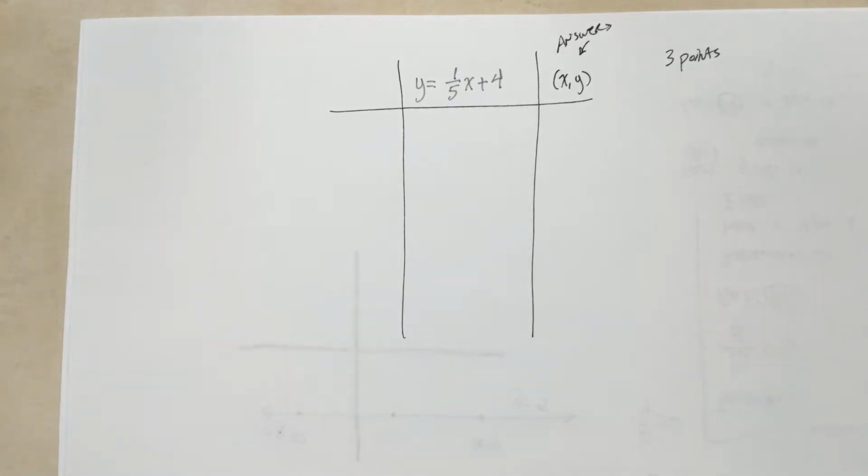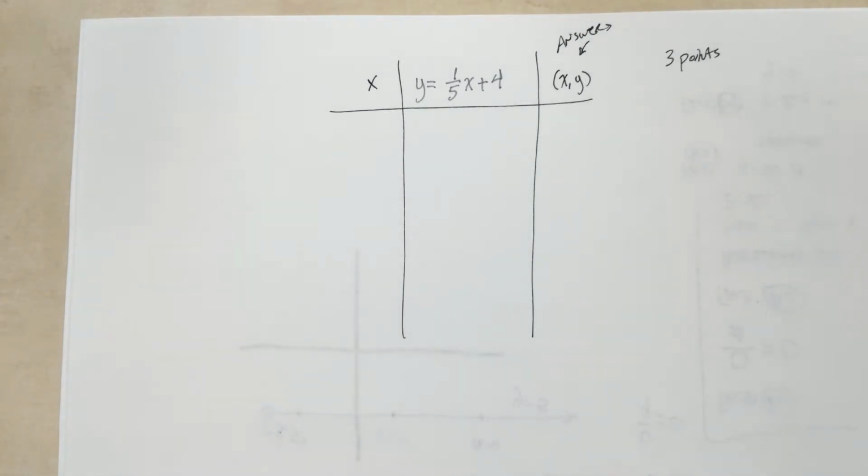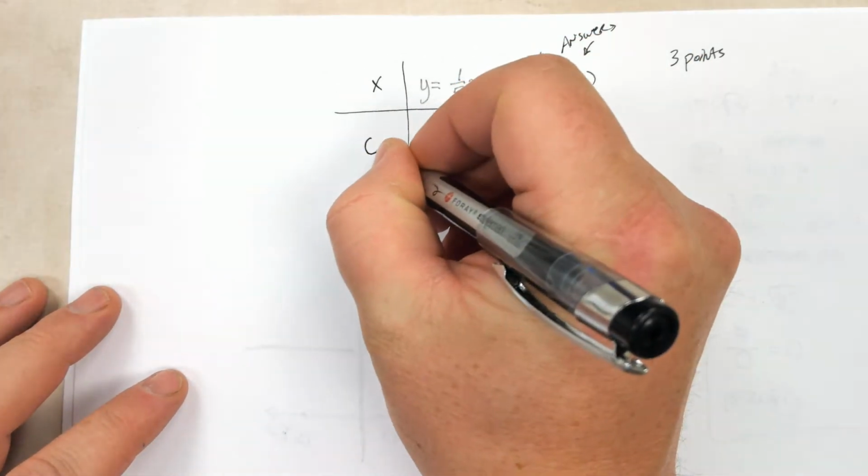We just get to pick numbers for x, and those go here. Celine, do you remember that I gave you a way to figure out easy numbers to pick? You always want to pick 0, because 0 is easy.